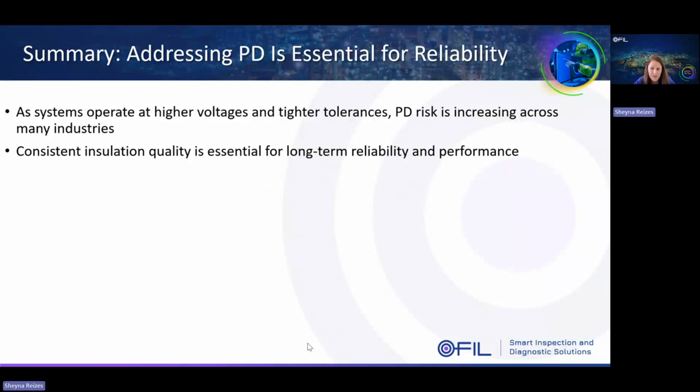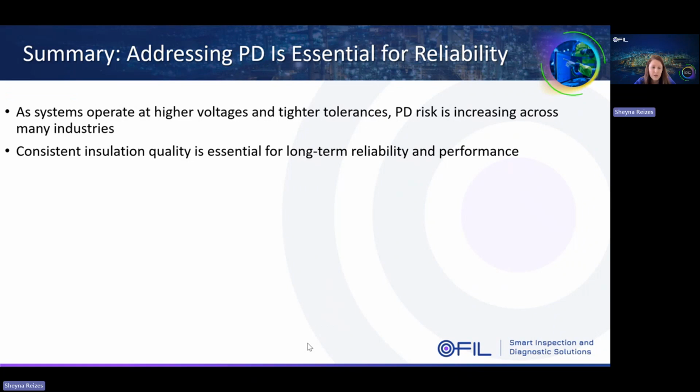So, to summarize our presentation today, as systems operate at higher voltages, the risk for partial discharge is increasing across many industries like EV motors, aircraft motors, and other critical infrastructure.